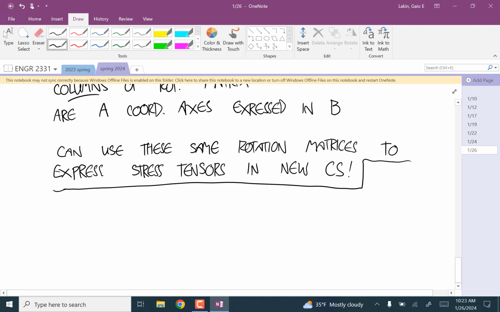And so you define the rotation matrix the same way based on how you're rotating the coordinate system, but now your new stress tensor is going to be the rotation matrix times the stress tensor in the old coordinate system times the transpose of the rotation matrix.